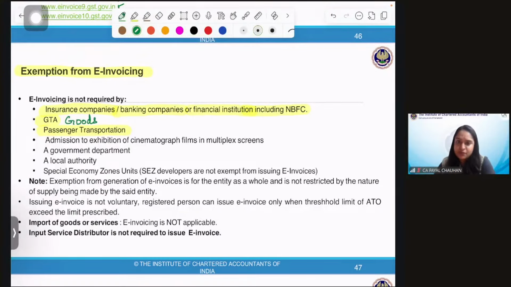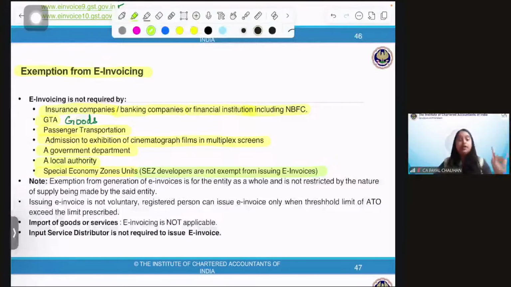And admission to exhibition of cinematograph films in multiplex screens, then a government department, a local authority, a special economic zone unit. I am telling you, it is very important. A SEZ developer is not exempted from issuing e-invoice.